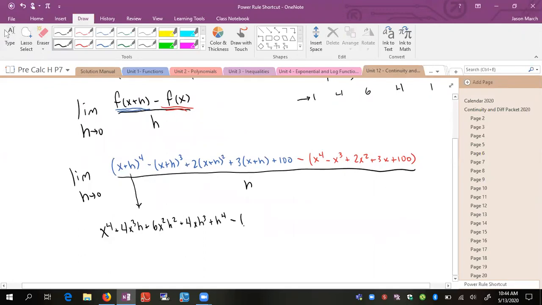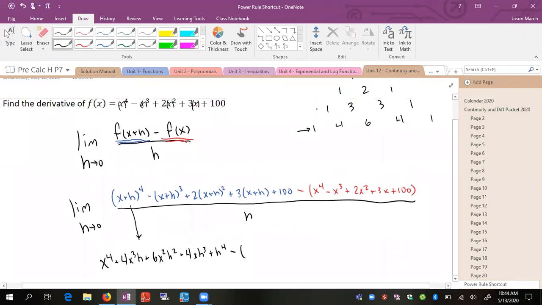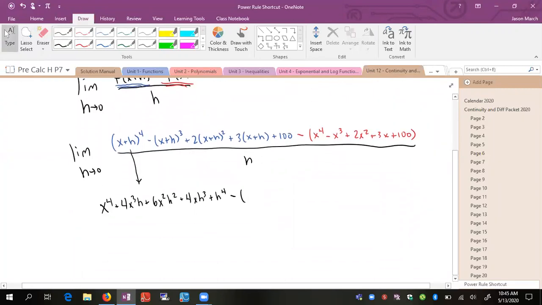Minus, all right, so when I'm doing x plus h cubed, I'm using that line. So the coefficients are 1, 3, 3, 1. So we're looking at 1x cubed plus 3x squared h plus 3xh squared plus 1h cubed.